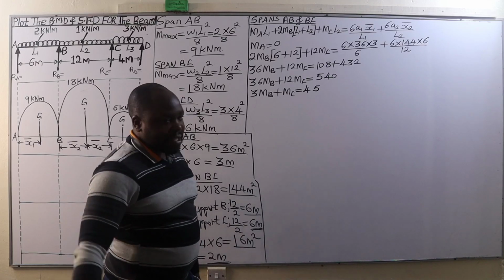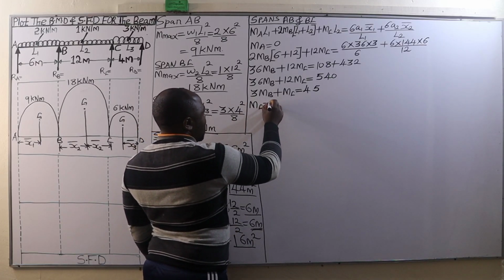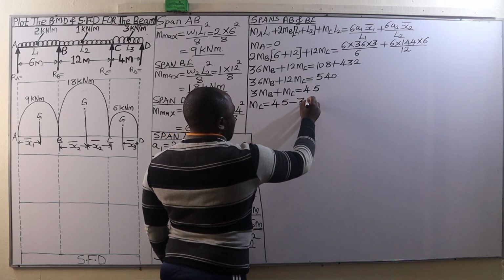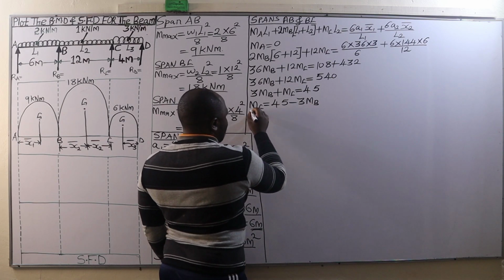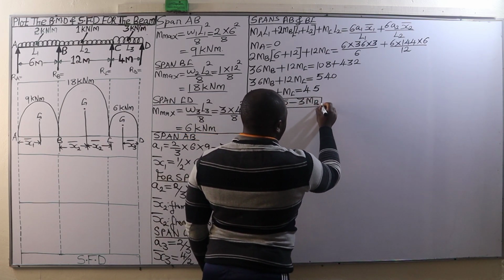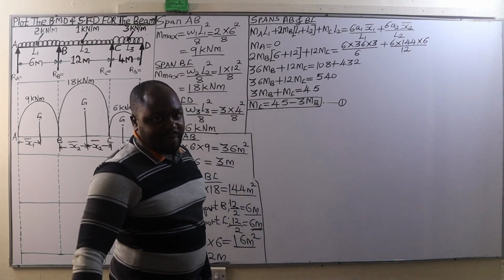We can make MC the subject, so MC will be given by 45 minus 3MB. We are going to call this equation 1.